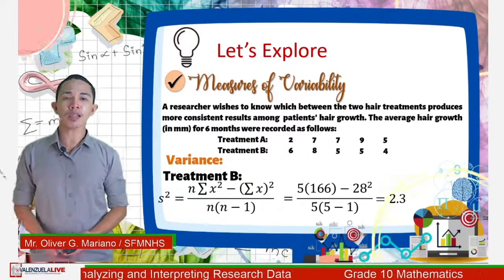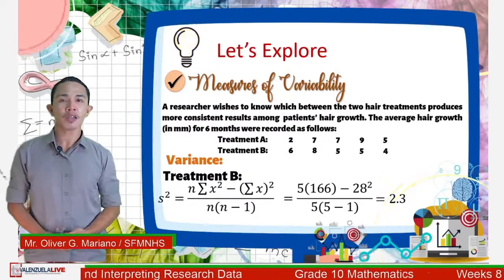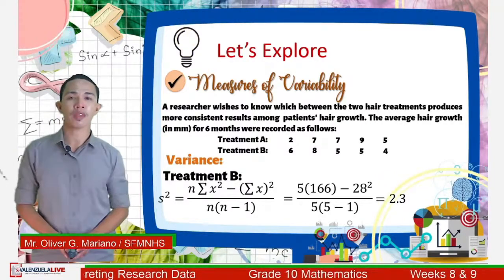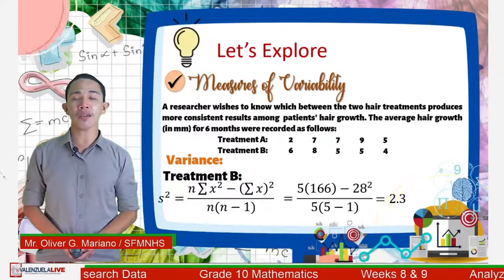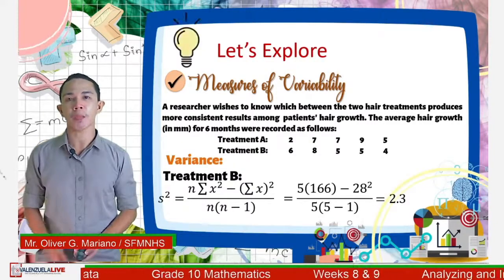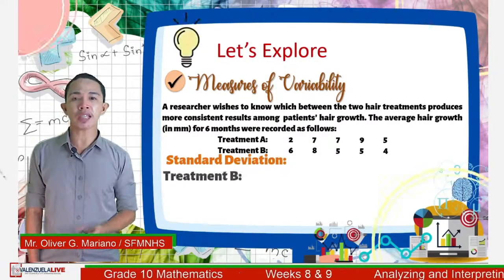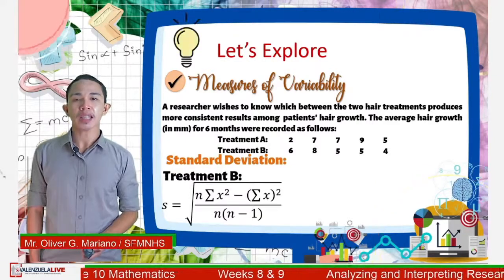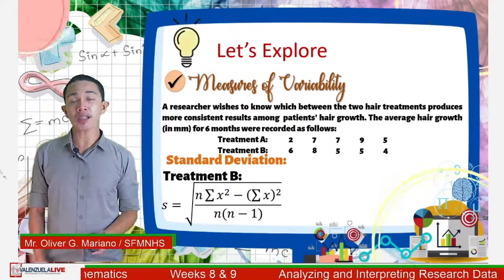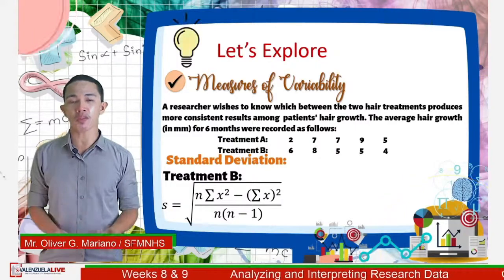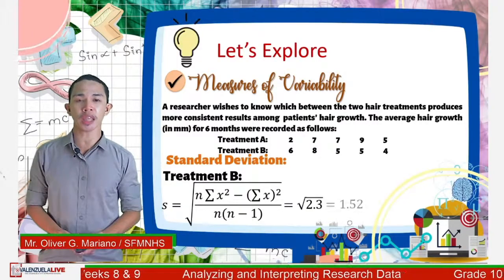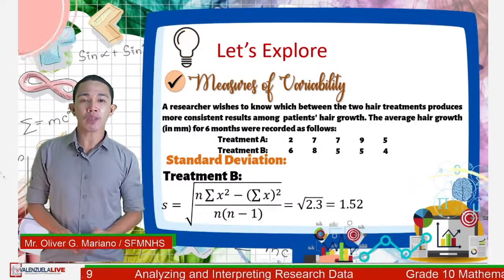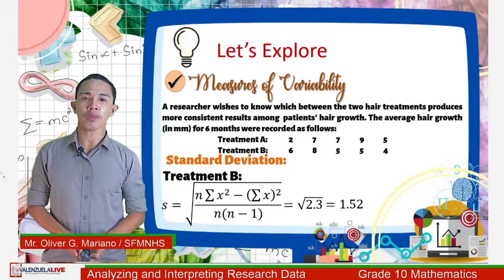Performing the operations therein, you get 2.3 as the variance of the values given in treatment B. Now, for the standard deviation of the same set, again, the standard deviation is just the square root of the variance. So taking the square root of 2.3, we have approximately 1.50.